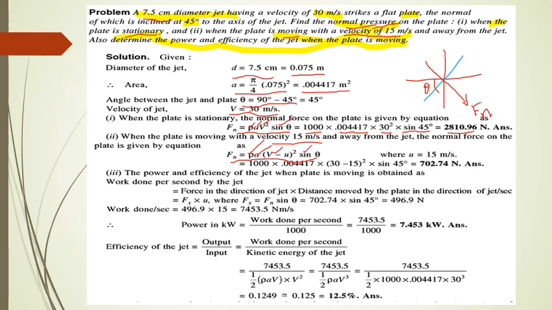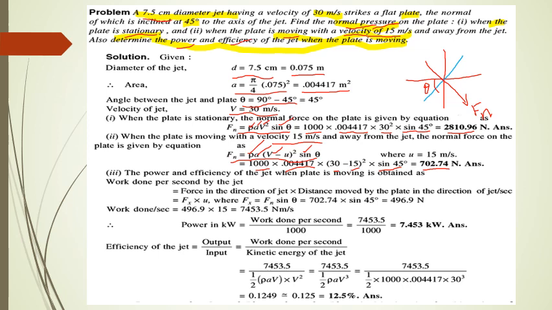Substituting the values, 1000 into 0.004417 into here v 30 minus u 15 whole square into sin 45. We get Fn as 702.74 newtons.